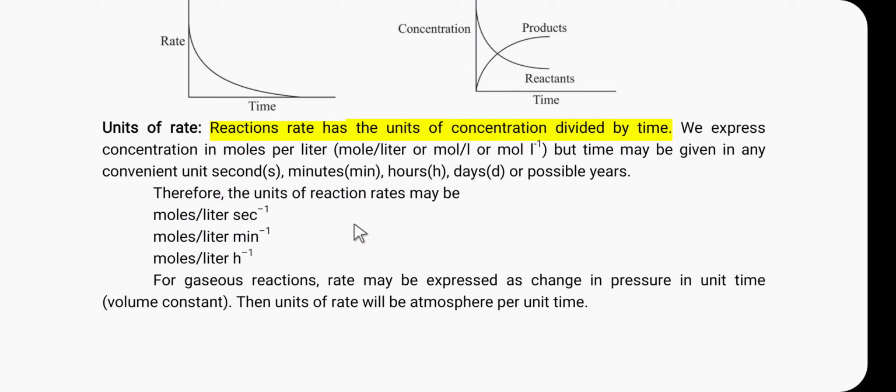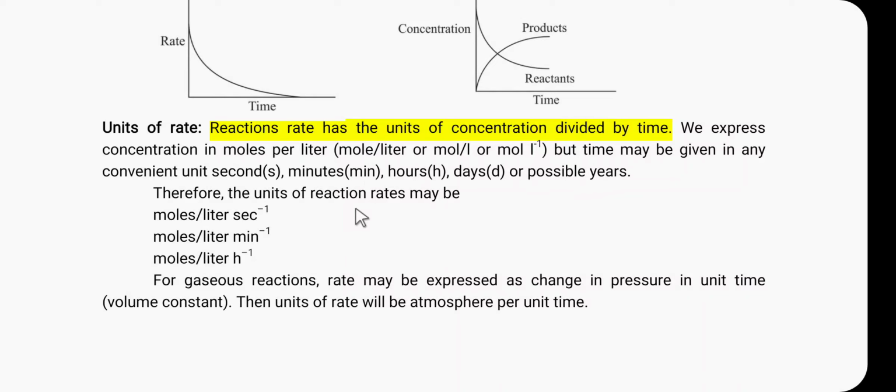Then the second point is unit of rate. Reaction rate has units of concentration divided by time. When we consider any chemical reaction, generally the concentration of the reactant is expressed in terms of moles per liter, but the time may be given in any convenient unit such as seconds, minutes, hours, days, or possibly years.